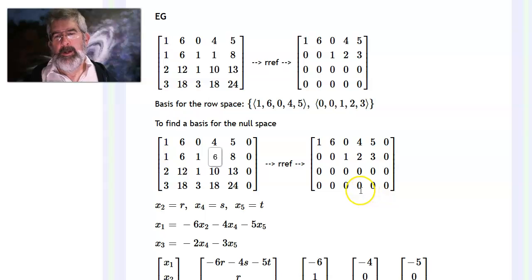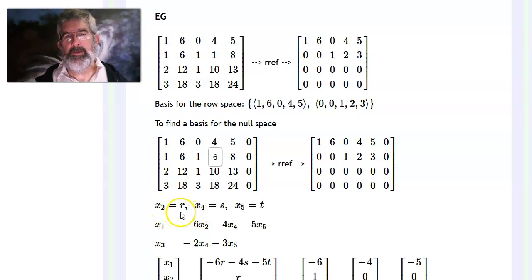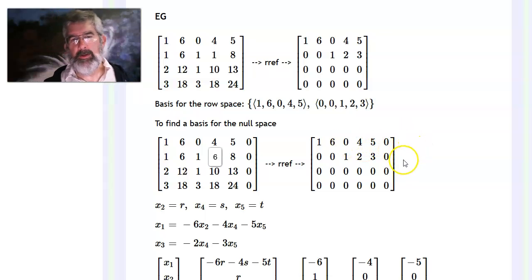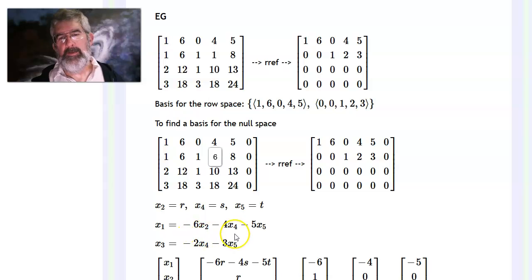But what we did in the past is we said, I've got 2 leading ones, and then I've got 3 columns that correspond to free variables. So I let those be parameters: x2, corresponding to the second column, is parameter r, x4, the fourth column, is s, and x5 is t. Then solving for x1, I have x1 plus 6x2 plus 4x4 plus 5x5 equals 0, and so sliding everything over to the other side, x1 is minus 6x2 minus 4x4 minus 5x5.